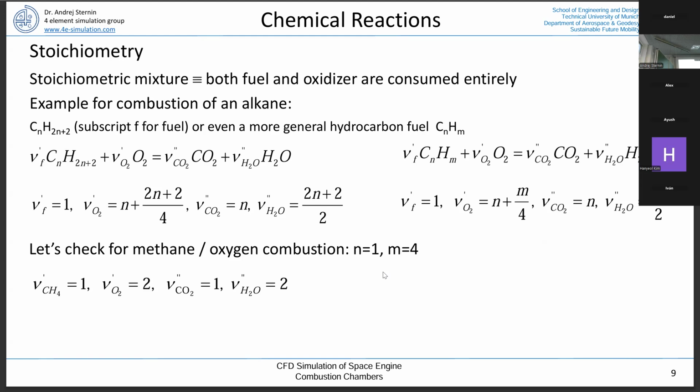So for instance, for methane oxygen combustion, we would have a stoichiometric mixture of four times the amount of oxygen we need in order to burn 1 gram of methane. We need 4 grams of oxygen, or for 1 mole of methane we need 4 moles of oxygen. So this would be a stoichiometric mixture.